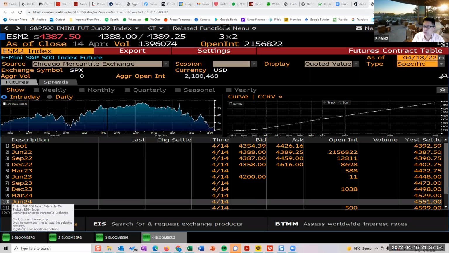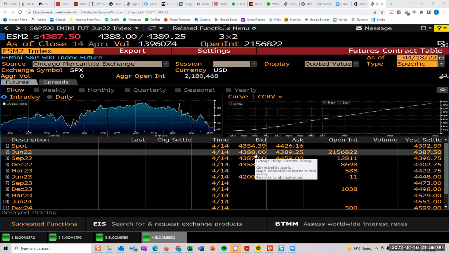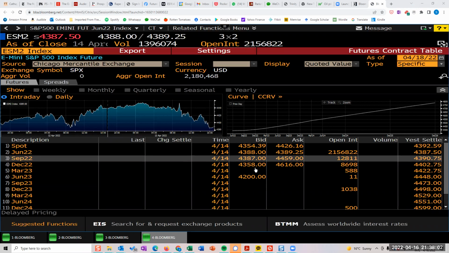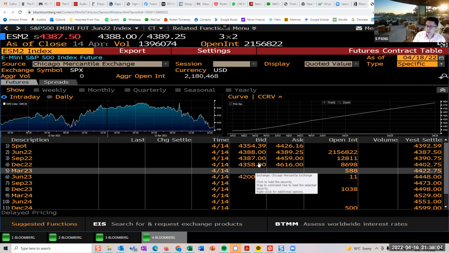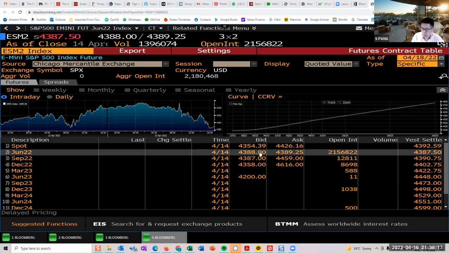I'm just going to share with you here. What I've just been telling you only applies, I guess, to equity futures contracts, because they pay a dividend which is unknown, which then allows for speculation. This is the June contract, 4,388.